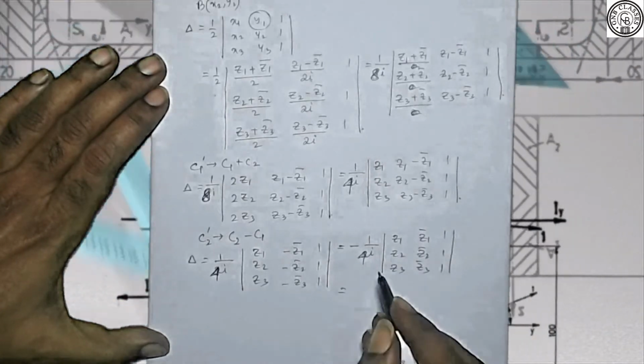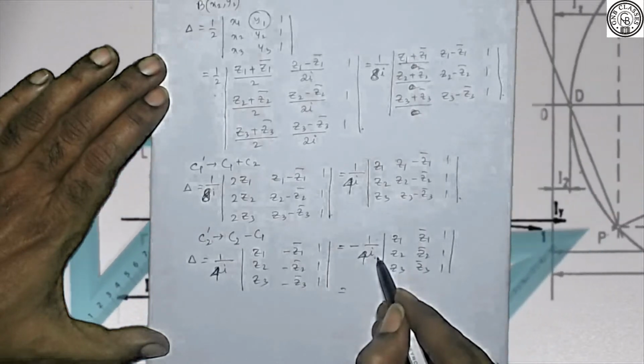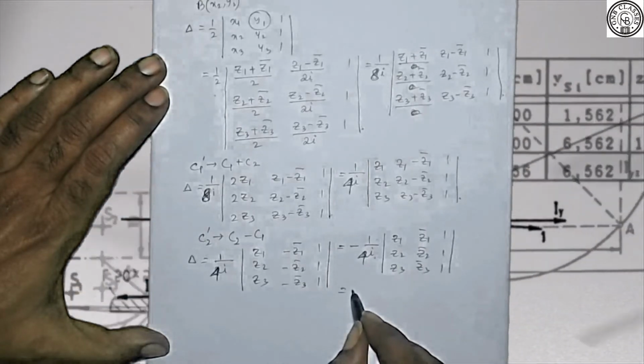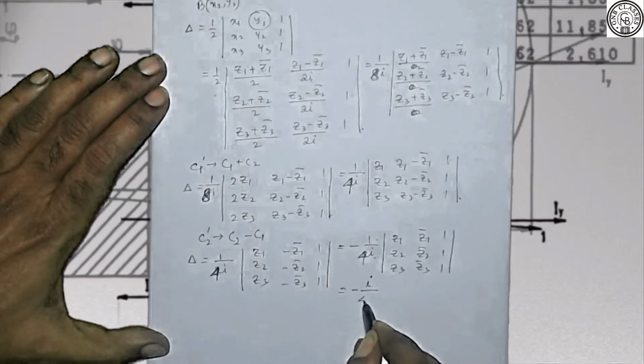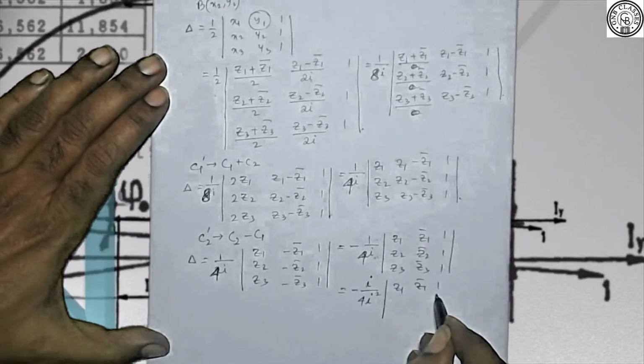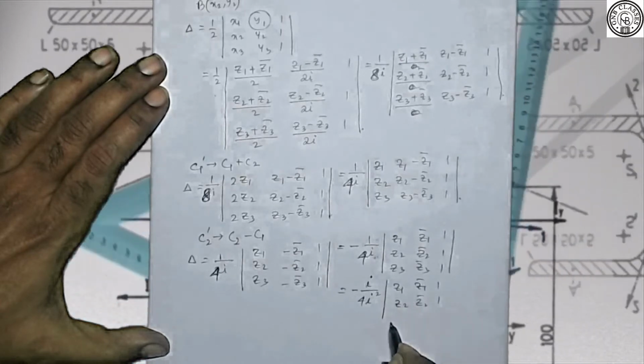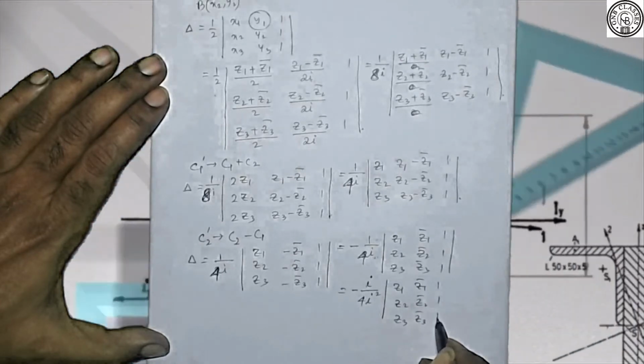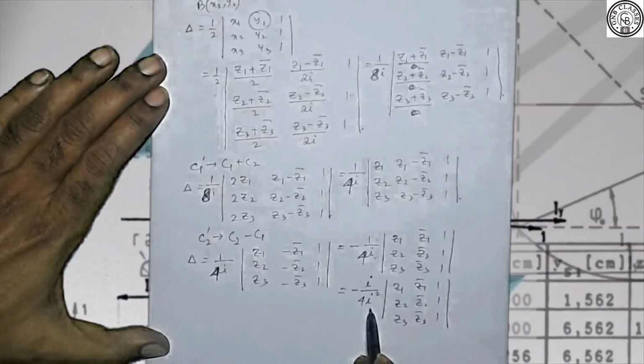So what I'm doing here is I am multiplying numerator and denominator with iota. So this thing will become minus iota by 4 iota square, Z1, Z1 bar, 1, Z2, Z2 bar, 1, Z3, Z3 bar, 1. Okay. Iota square is minus 1.